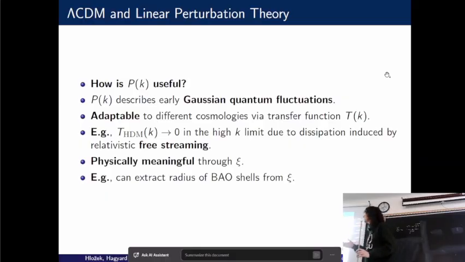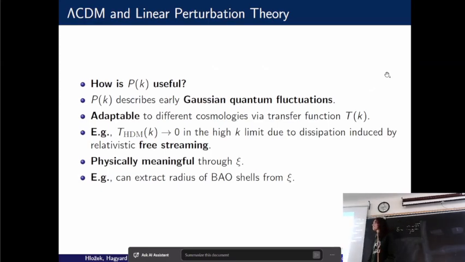So you would expect in the high k limit, which, as I mentioned, corresponds in real space to the low radius, the very small real space limit, that the modification of a hot dark matter cosmology would be that as you approach this small scale, it would go to zero.